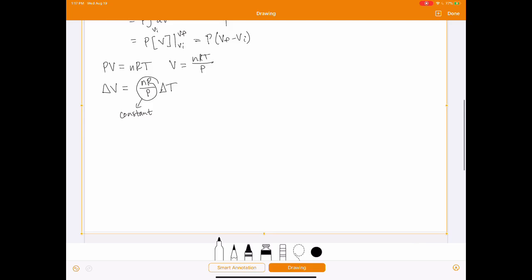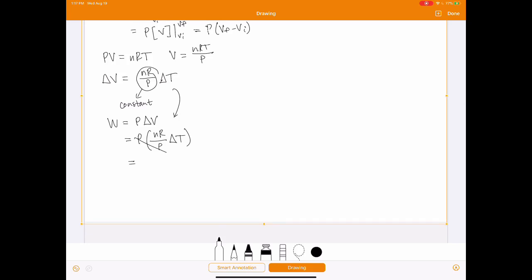So when it comes to the work, which we said is P delta V, how about we replace delta V by nR divided by P times delta T, just straight from here, and cancel out the pressure.